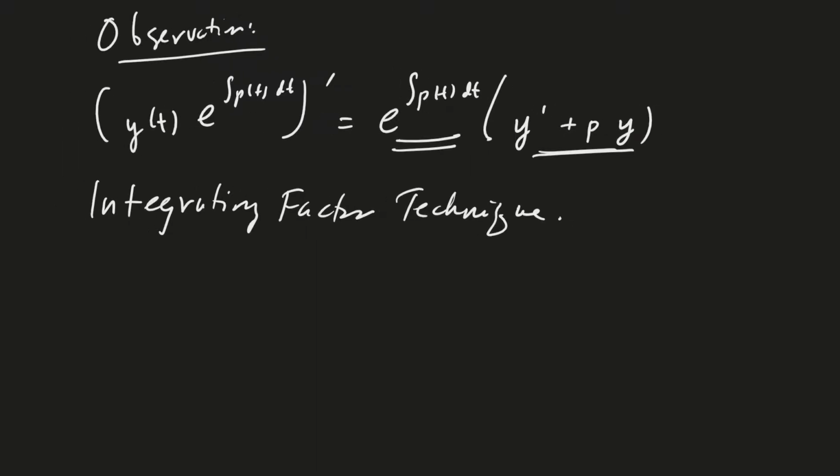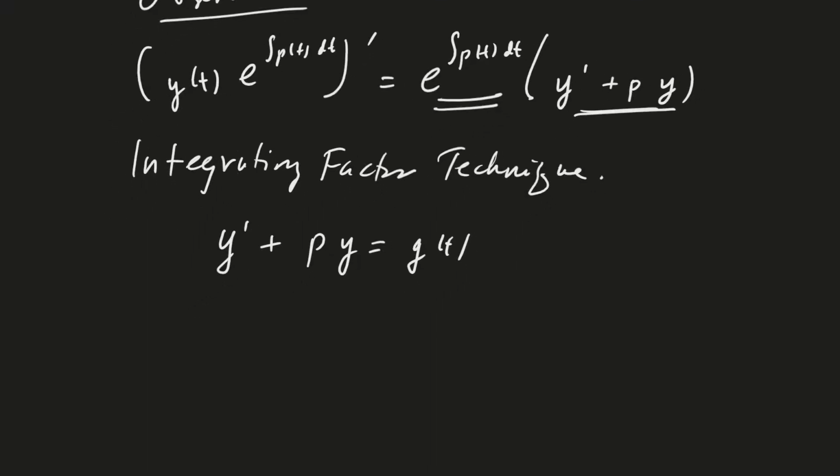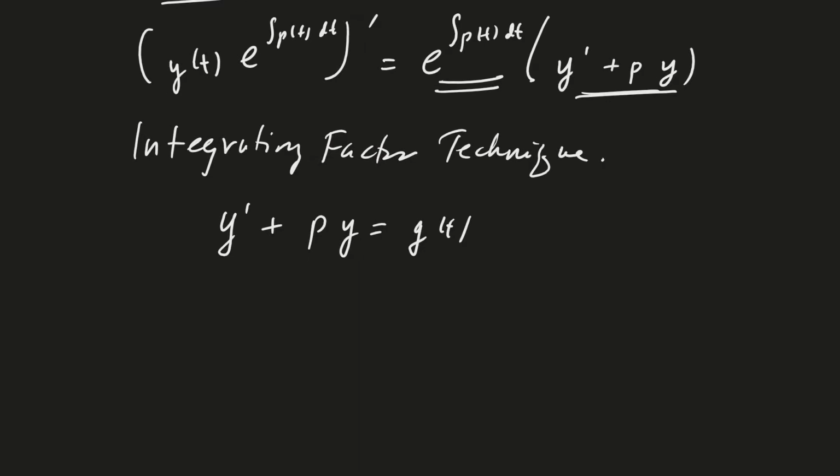We start off with our differential equation, y prime plus py equals g of t. I'm suppressing the t on our equation there. Multiply both sides by e to the integral of p of t dt.